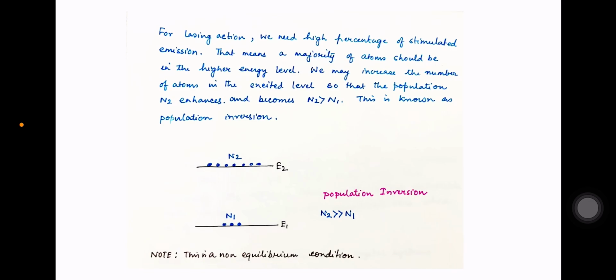So the population inversion comes to an end. Energy again has to be supplied from outside to restore the state of population inversion. And as I have told, this non-equilibrium condition is attained by employing pumping techniques, and these techniques we'll discuss later. So this is all about population inversion.